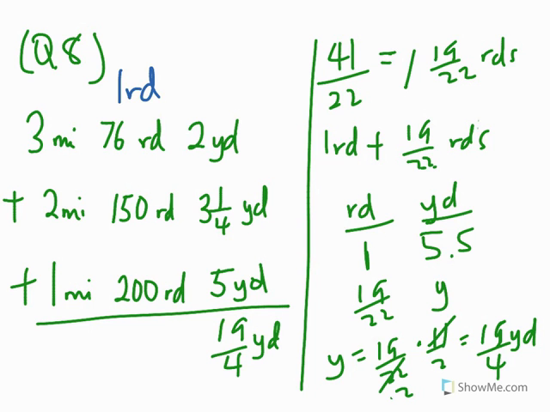We subtract 320 from 427, and it gives us 107 rods, and we bring the excess here, 1 mile. So 1 plus 3 is 4, 4 plus 2 is 6, plus 1 is 7.